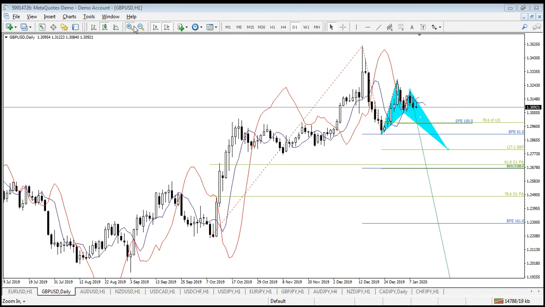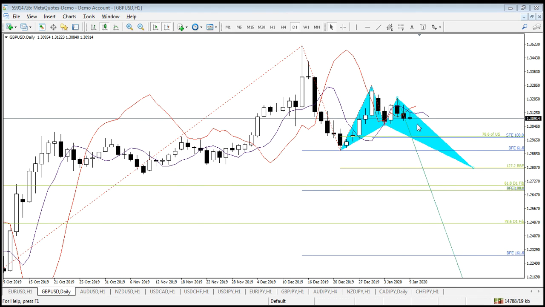Another thing is the trend. If you look at the trend, let me just hide this here. All right, so now price is already below the MACD predictor.